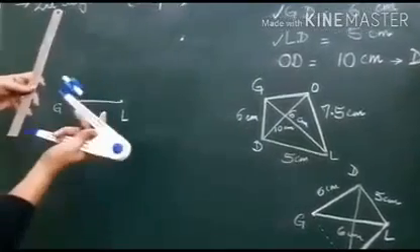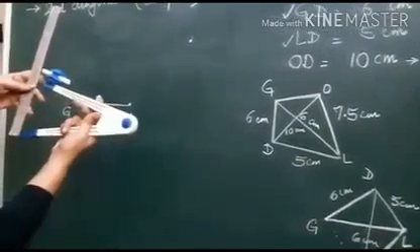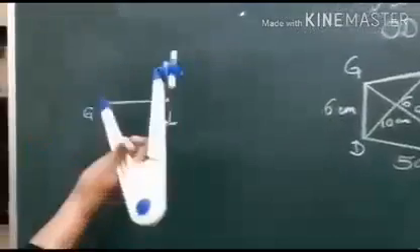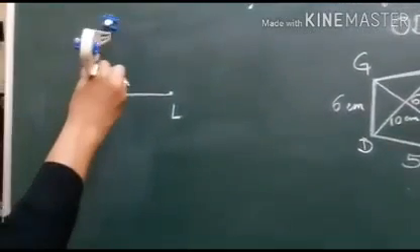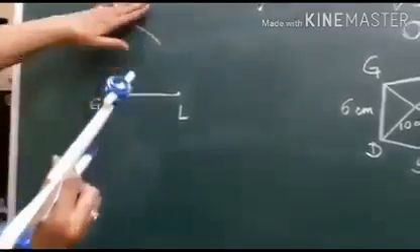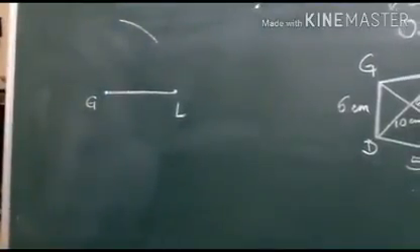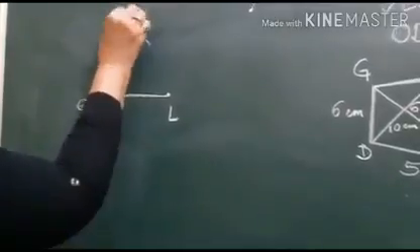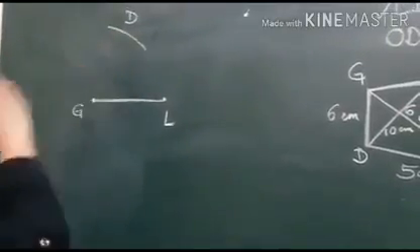So take a measure of 6 centimeters on your scale, in centimeters. From G you will make an arc of radius 6 centimeters. Somewhere here you are going to get your point D. We don't know where; it can be anywhere on this arc.